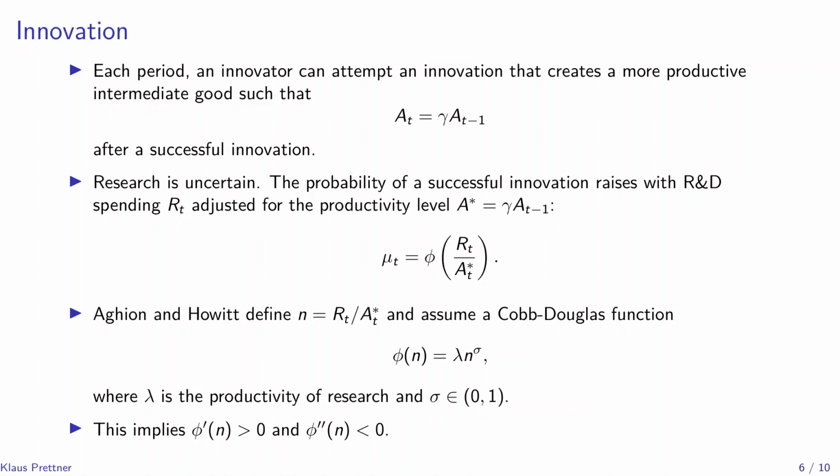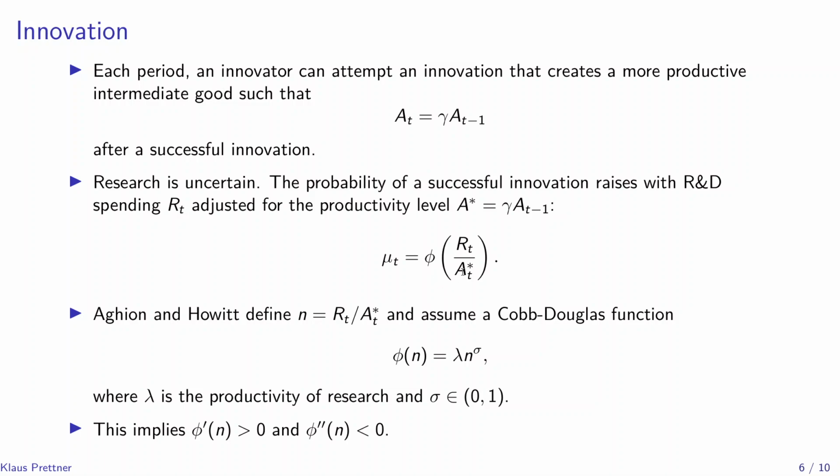There is only a probability of a successful innovation that you can influence. If you are the outside innovator, you can invest in research and development, and your investment level is denoted by R_t. But this does not necessarily in a deterministic way lead to a new innovation, it just raises the probability of an innovation.